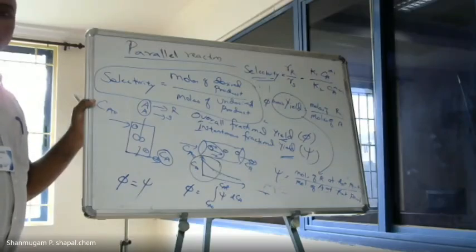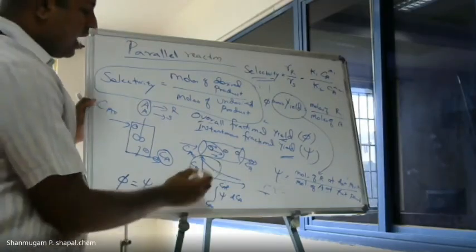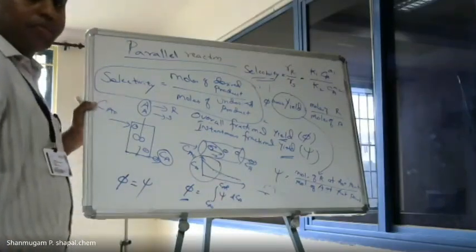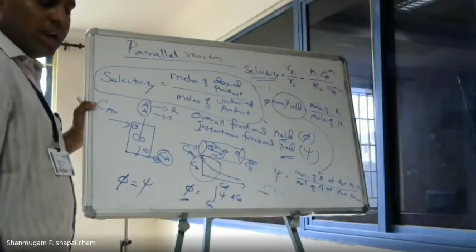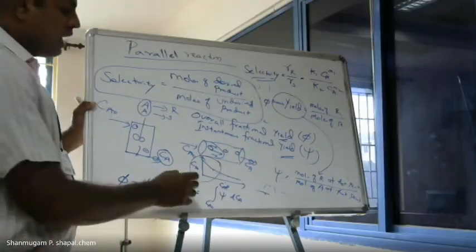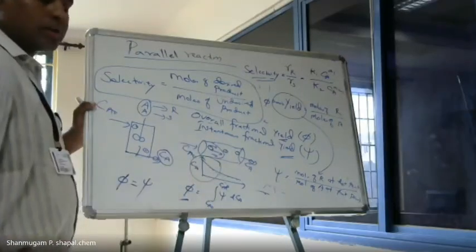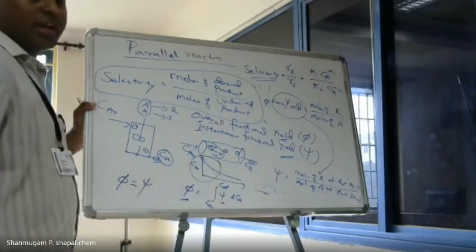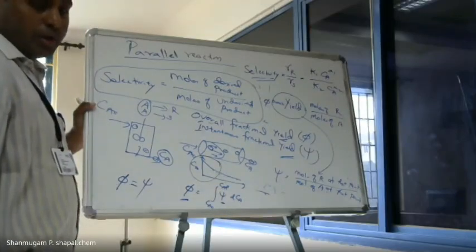This is the actual connection between the overall fractional yield of an outlet reactor and the instantaneous fractional yield of that particular system.